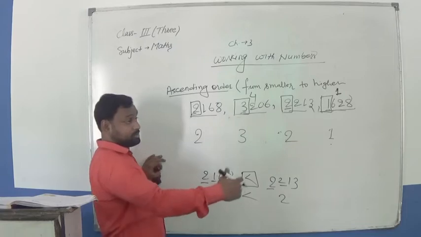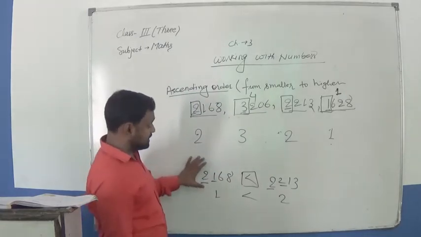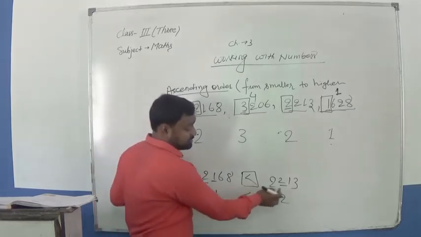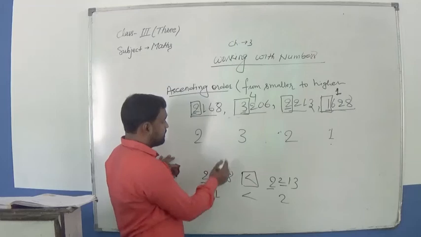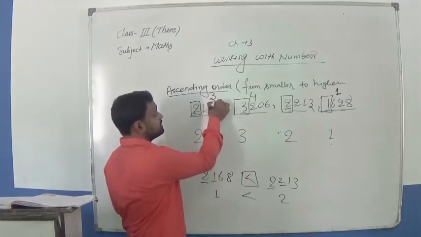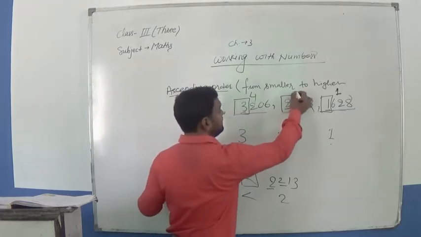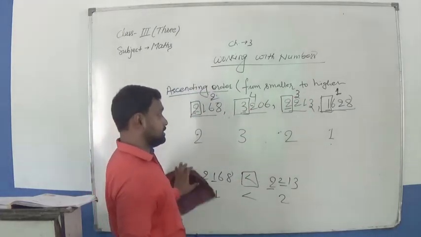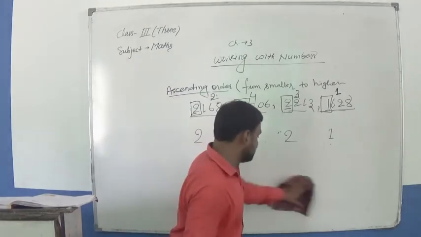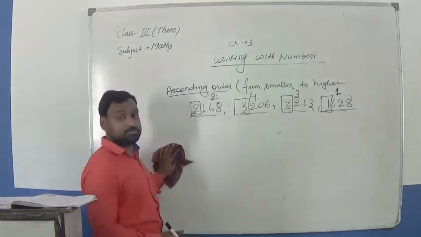As we move from smallest to largest, this is the greater number and this is the smaller number. That's why this will be second position, and this will be third position. And now just arrange from smallest to largest.